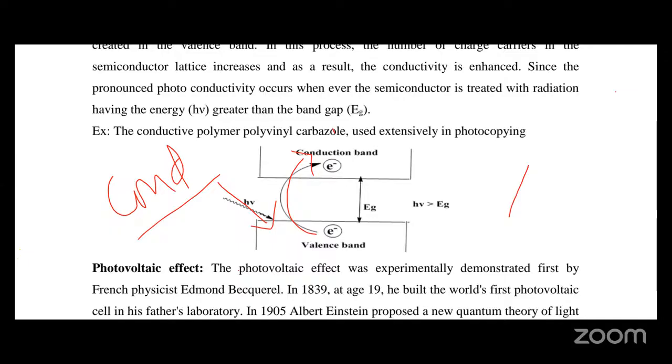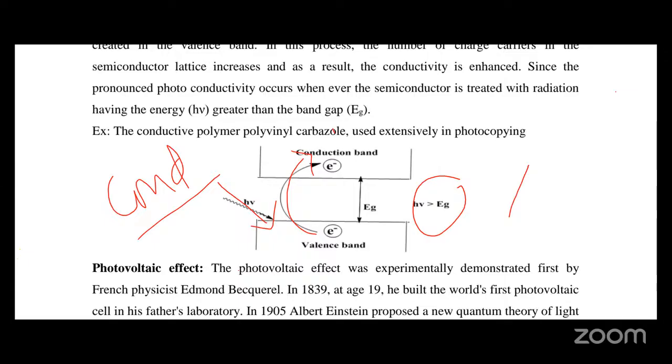What is the condition applicable for that? The light incident on the material must have energy higher than the energy gap between the valence band and conduction band. Just go through this condition: h nu is greater than Eg. Eg is the energy gap between the valence band and the conduction band.